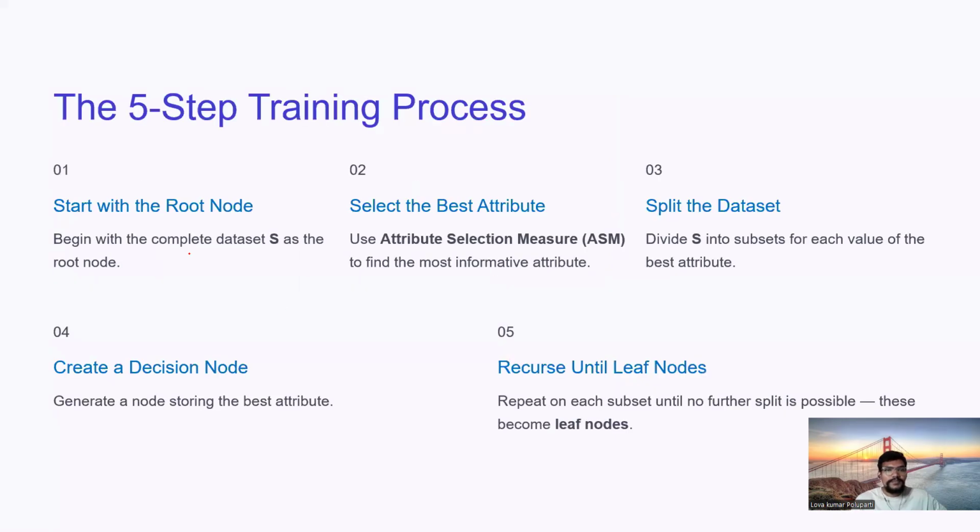Let's see, starting with the root node, step by step. In the training process, what happens internally is, first it will start with the root node. The complete data set I'm taking as S, and then we use the best attribute selection, meaning the column we are going to split on. This is ASM, attribute selection measure, which gives more information.